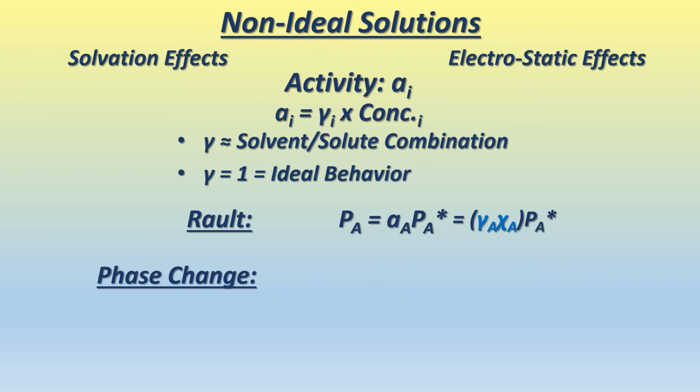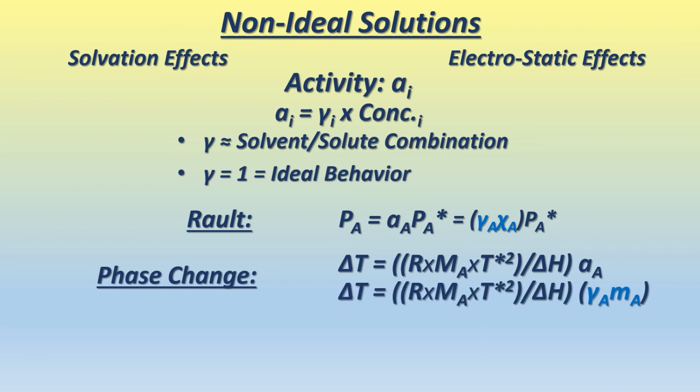The same holds for phase changes. Delta T is some constant times the activity, where the constant, as shown, is R times the mass of the solvent, freezing point or boiling point of the solvent squared, over delta H. This is the normal: delta T is equal to K times m, where the activity is the mole fraction of solvent times the molality.